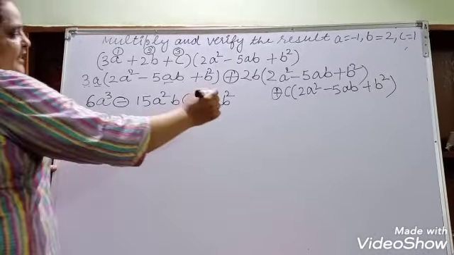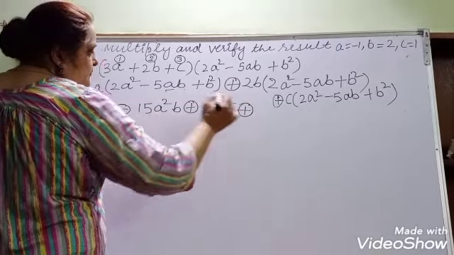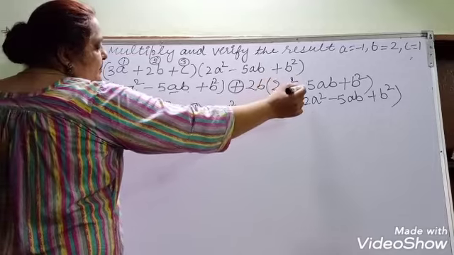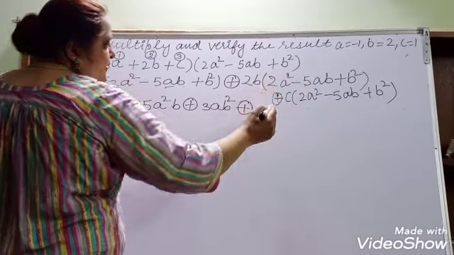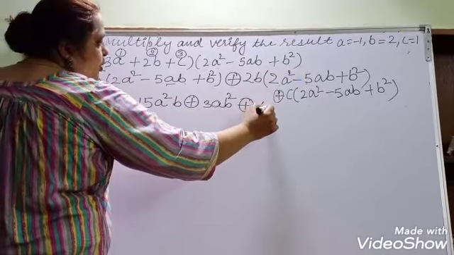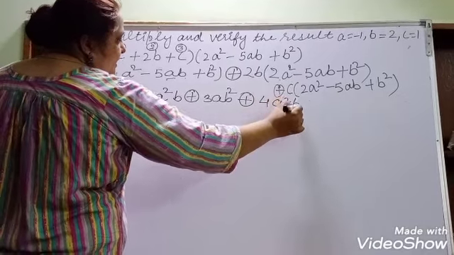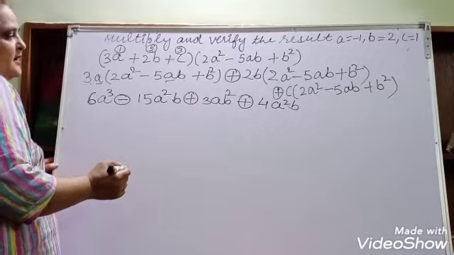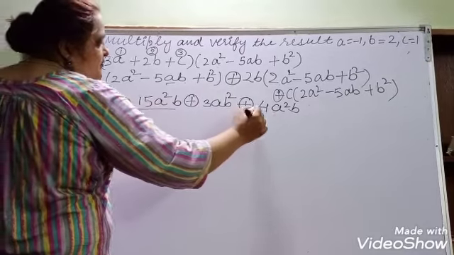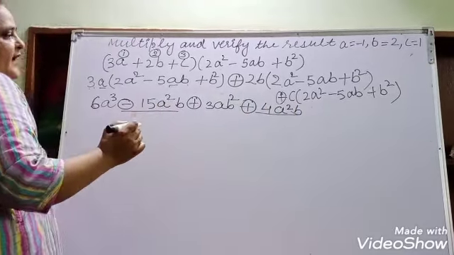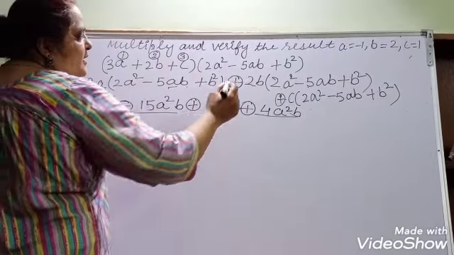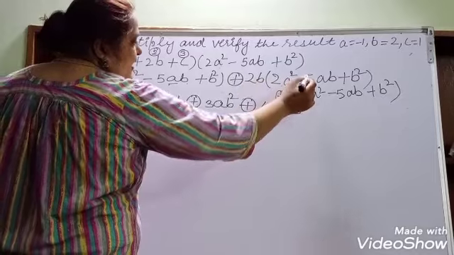Now class, second bracket, plus 2b into 2a square minus 5ab plus b square. It will become 4a square b. 2 2s are 4, a square into b will become a square b. Now here these two are like terms. We will solve it later on. Then 2b into 5ab, 2 5s are 10.